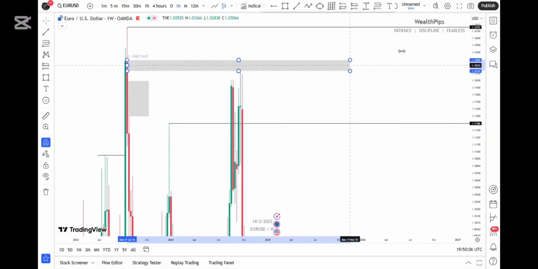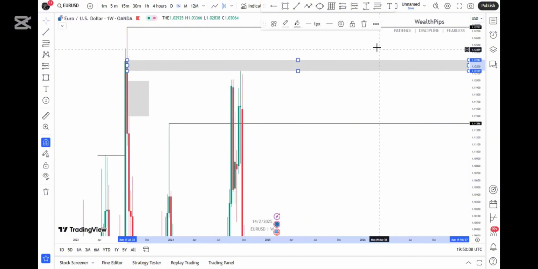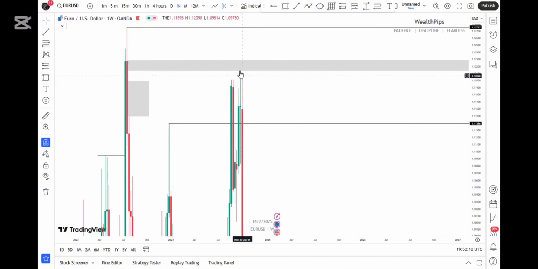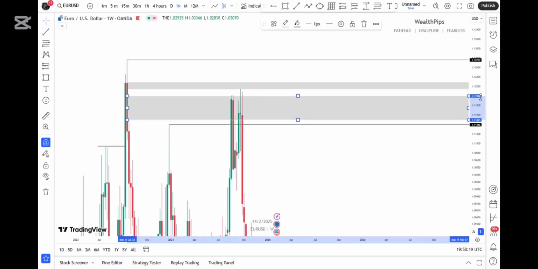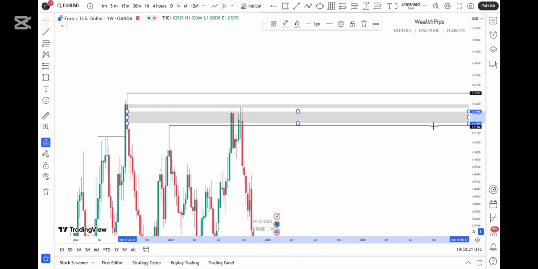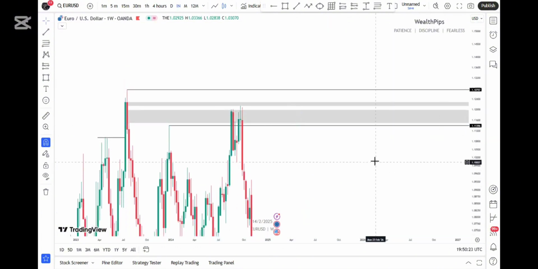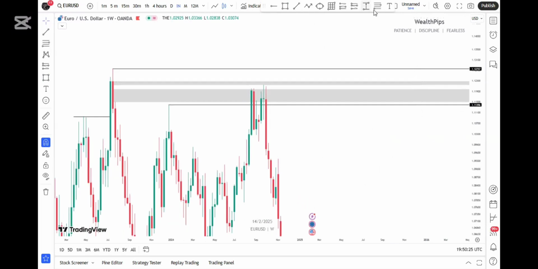Now, if it's the order block, you see the market just taps in a little bit, but if you use the fair value gap, you see that the market was in the trade before pulling back to the downside. Now you can easily take your trade from here. Maybe you take 50% of this fair value gap.